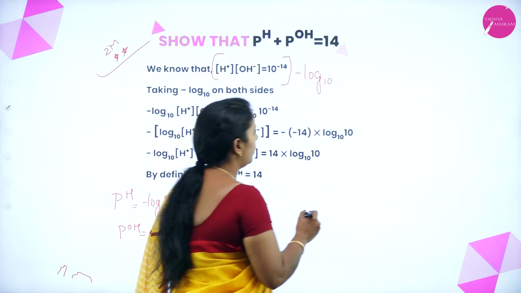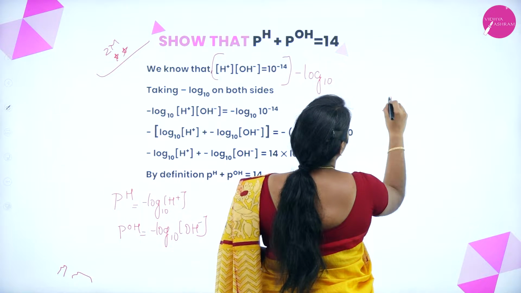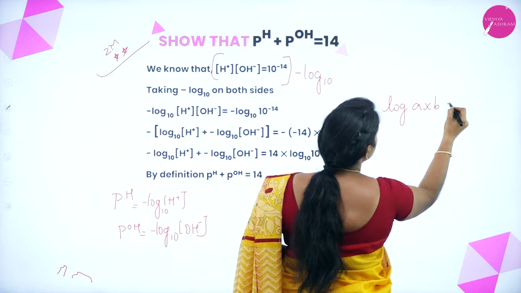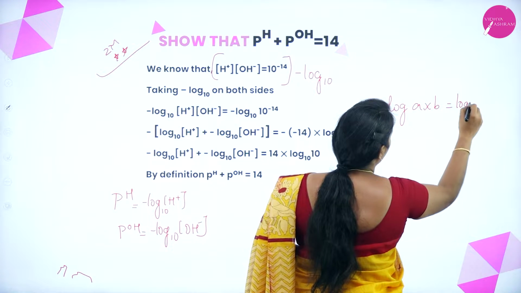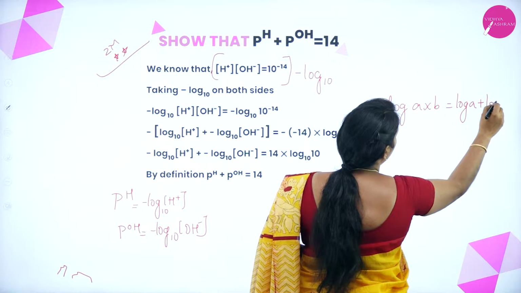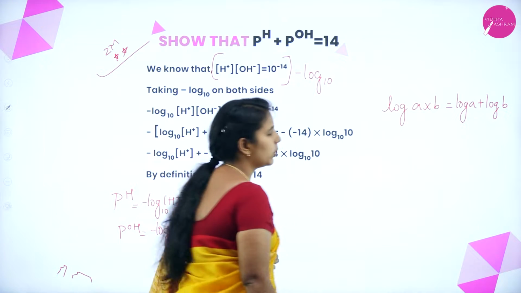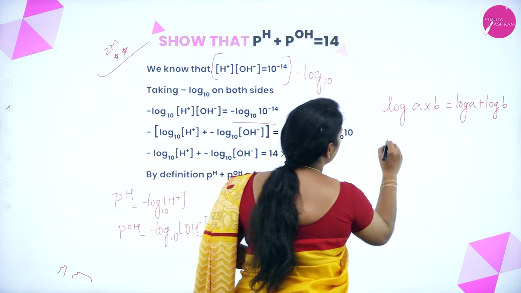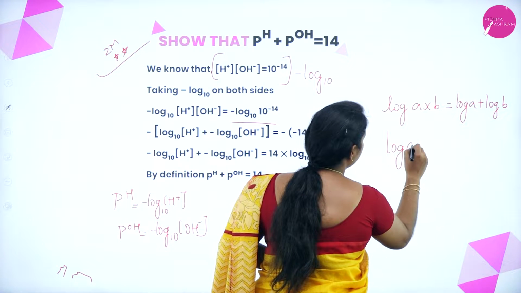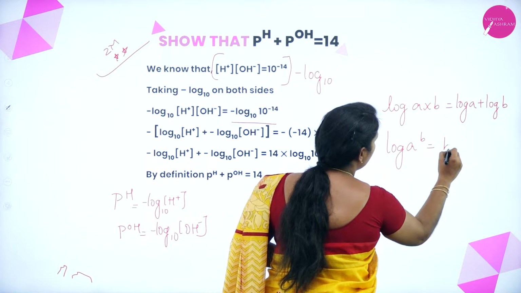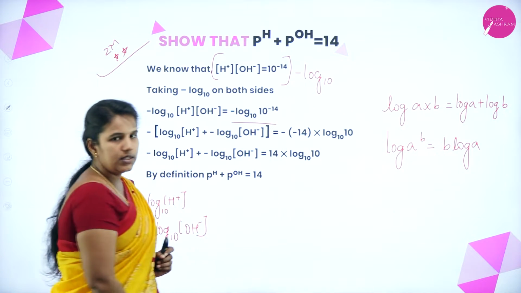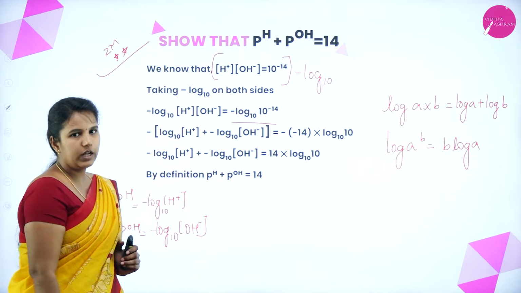We have the equation log of A into B is equal to log A plus log B. And one more equation, log A to the power of B is equal to B into log A. This is what we know from logs.